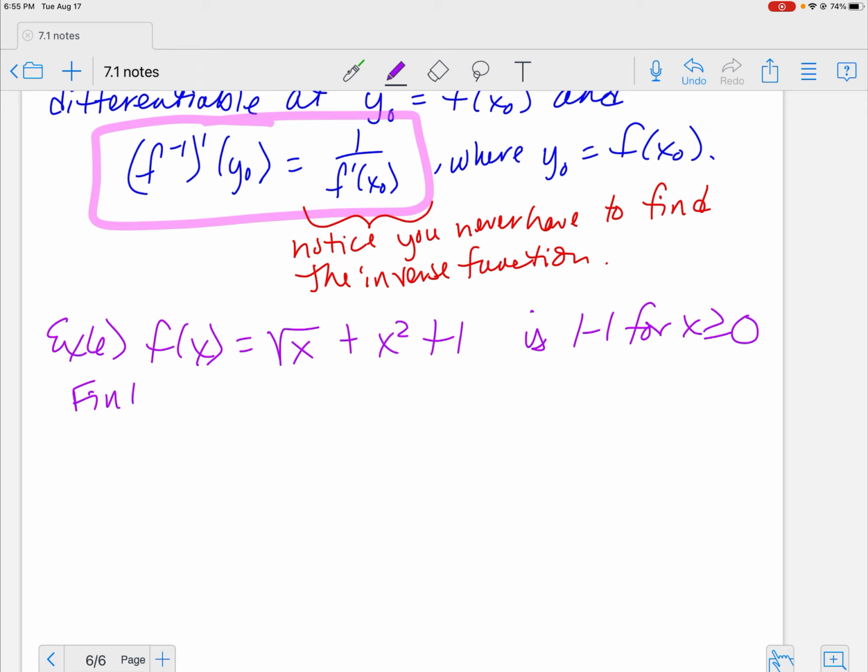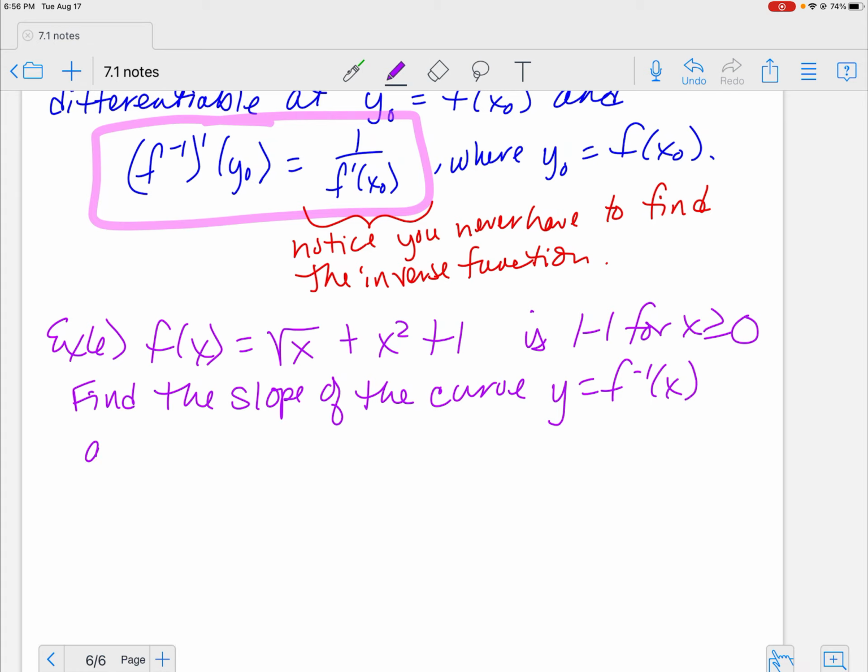Here's what I'm charged with. Find the slope of the curve y equals f inverse of x at the point (3, 1).